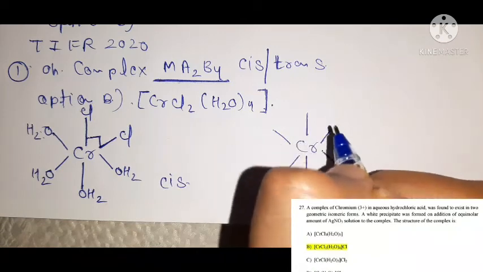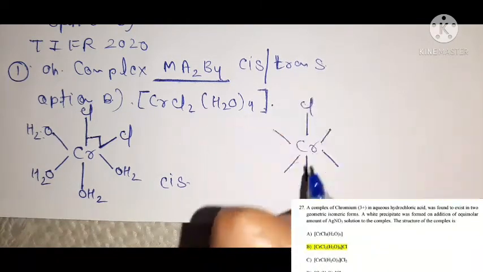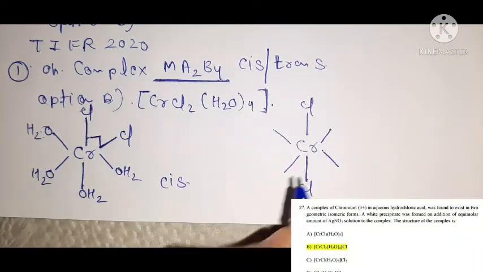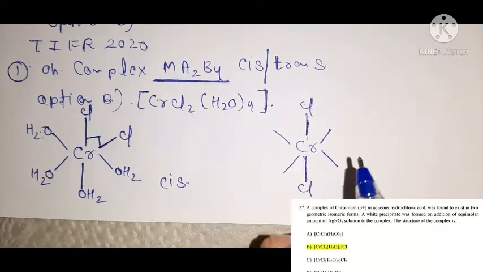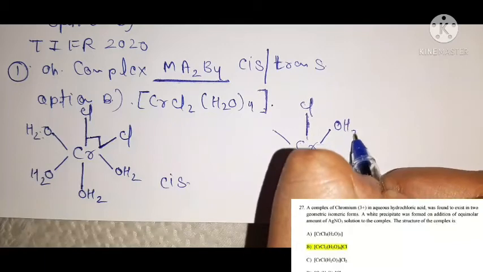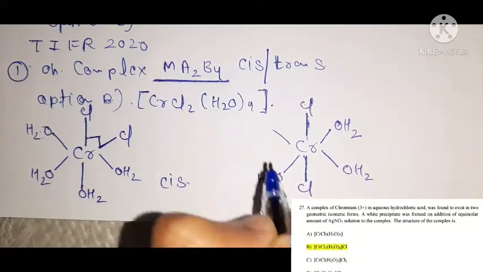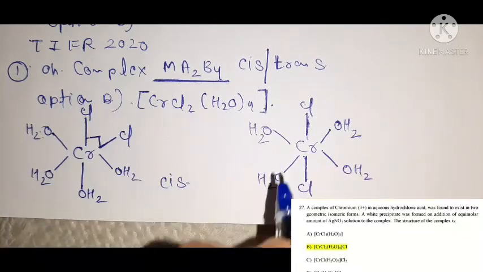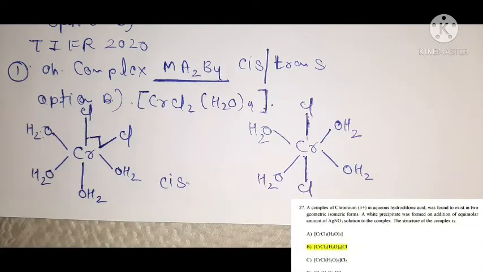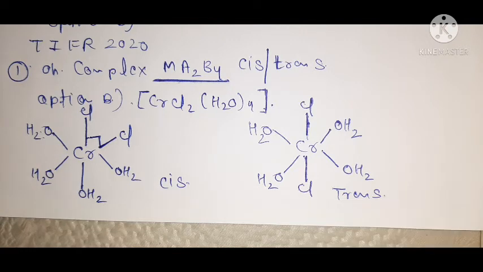So here the two identical ligands are Cl, so this Cl and this Cl are present opposite to each other, that means their bond angle is 180 degrees, and the rest of the H2O ligands are situated in this form. So here chlorine and chlorine are opposite to each other, so it is the trans form. So option B shows geometrical isomerism, cis and trans isomerism. Okay, understand?